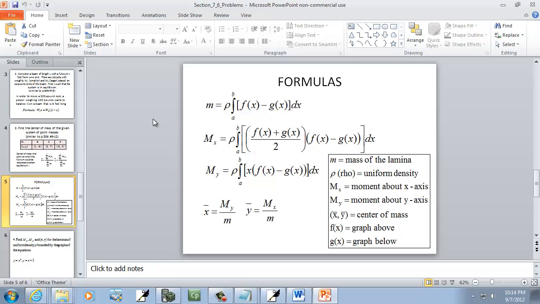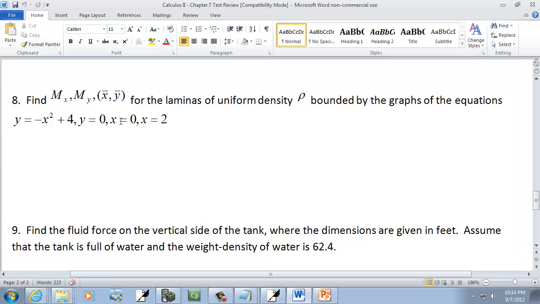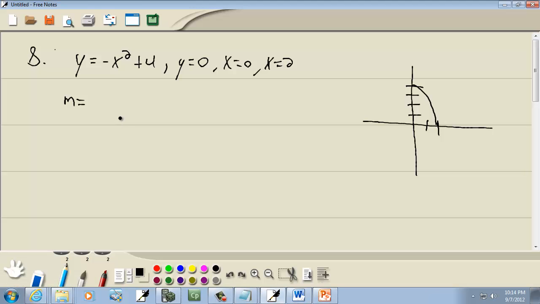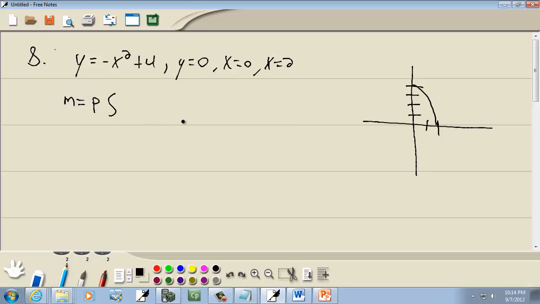So let's do our little m first. What does it say rho is? Okay, uniform density, so that's this. That should be rho. I don't do rho very well, so it looks like P. From A to B, so this is going to be from 0 to 2.